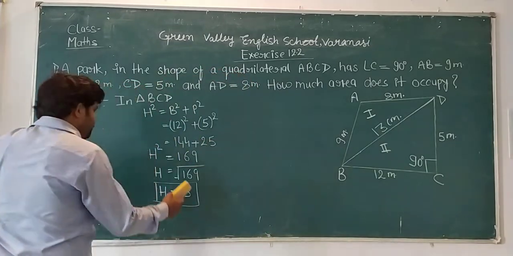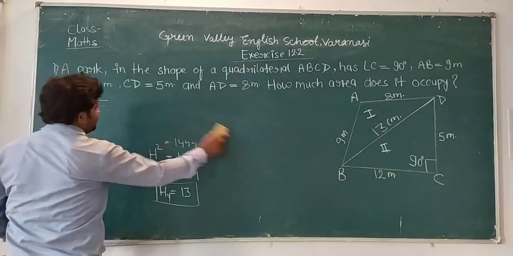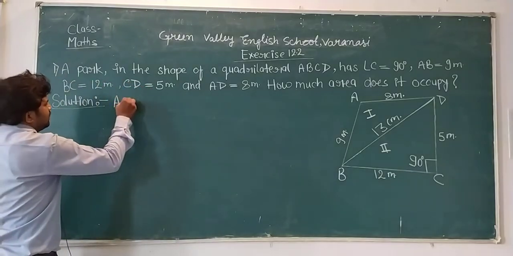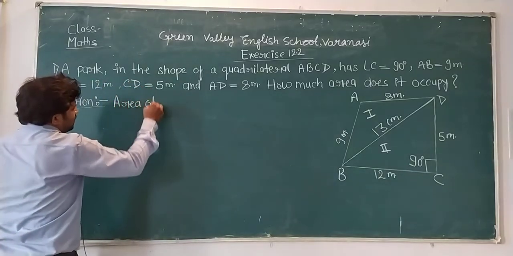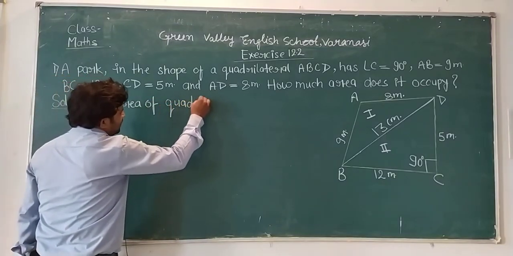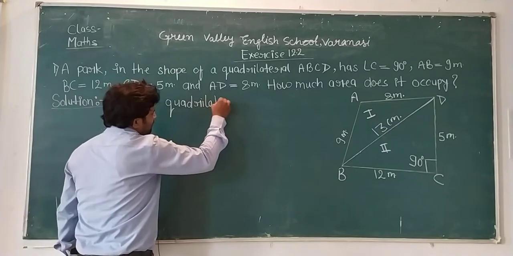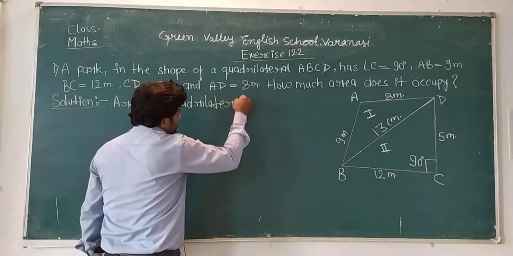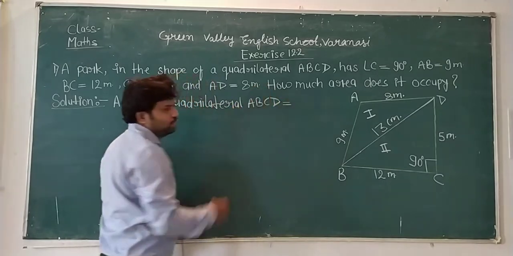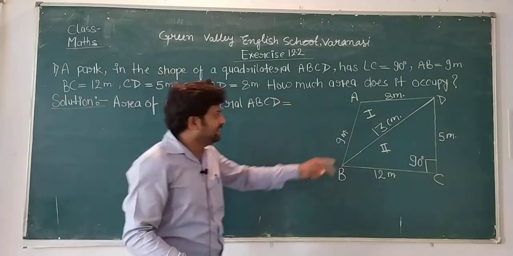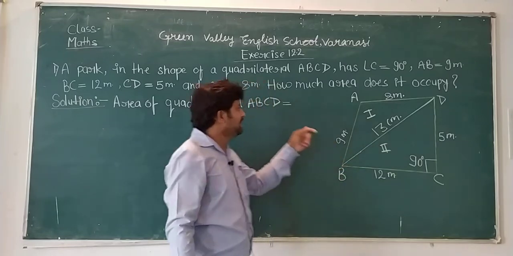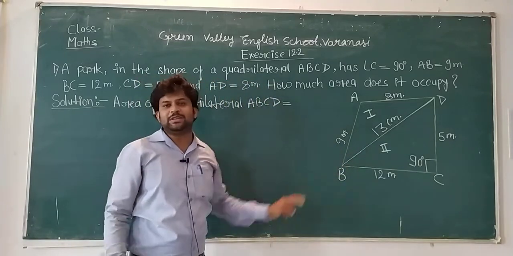Therefore we will write area of quadrilateral ABCD is equal to, when we add the area of the first triangle and the second triangle, we get the area of quadrilateral ABCD.